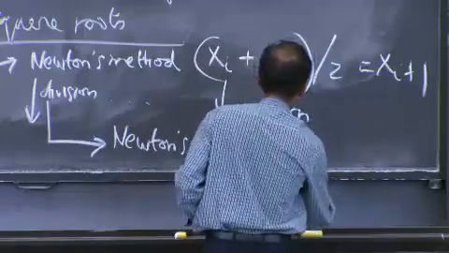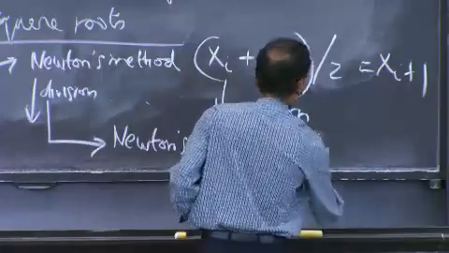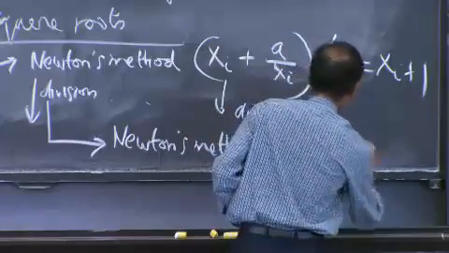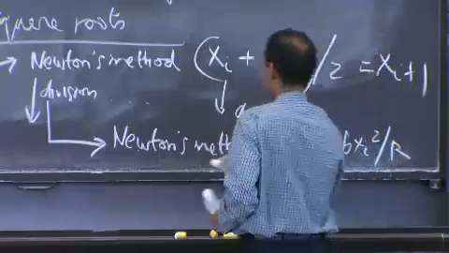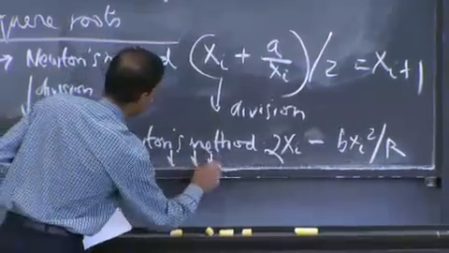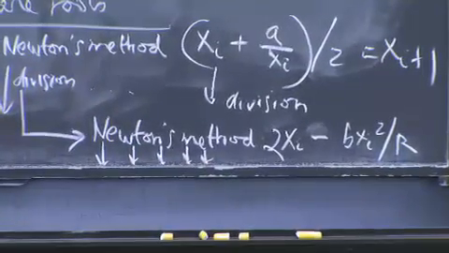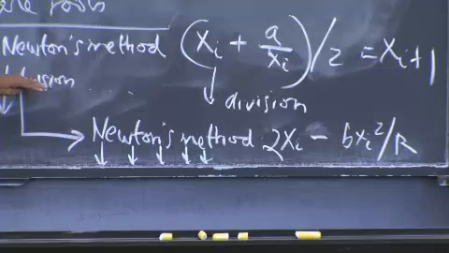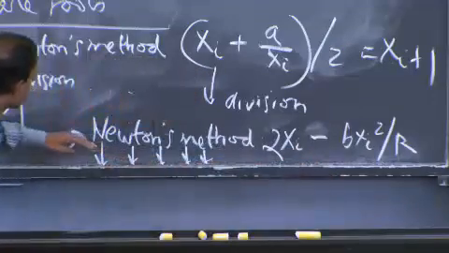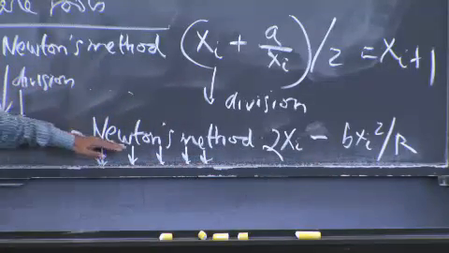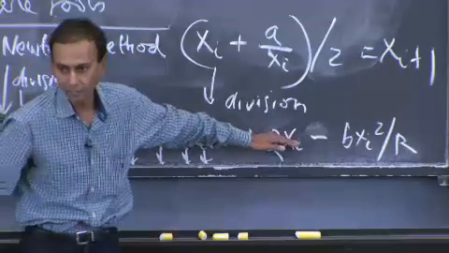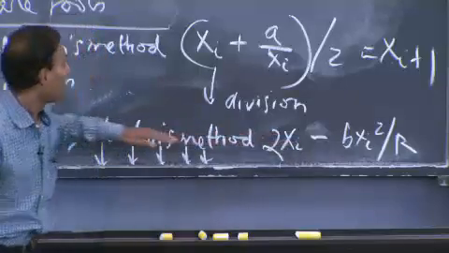And that is something like x_i squared, what did I have there? 2x_i minus b x_i squared divided by r. And that's going to be a bunch of multiplications, okay? And what we argued up until this point was that the complexity of the division, even though we had a logarithmic number of iterations, was the same as the complexity of the multiplication because the numbers started out small and grew big. All right? Everybody buy that?